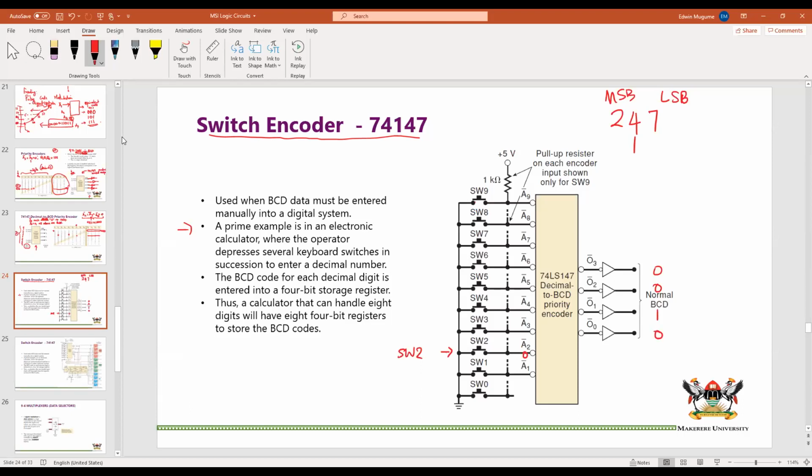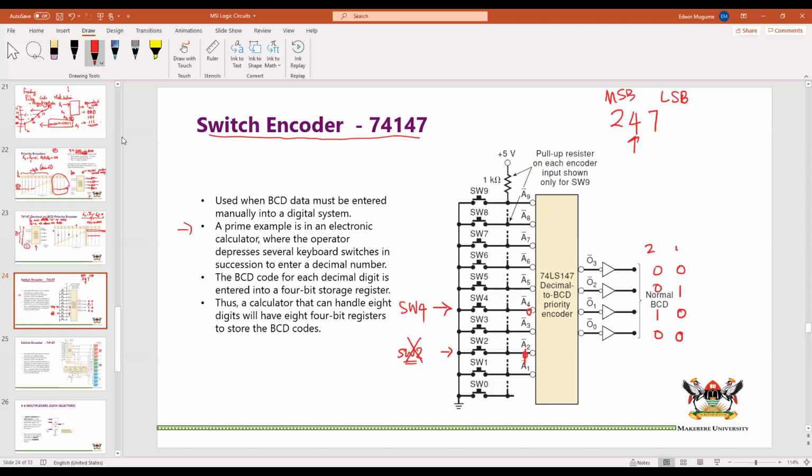Now you release switch 2, and you come and press switch 4, SW4. If you press SW4, now you have a 0 here. Every time you release the switch, that goes back to 1. And now you have a 0 here, all others are high. When all others are high, you encode 4. 4 is 0, 1, 0, 0.